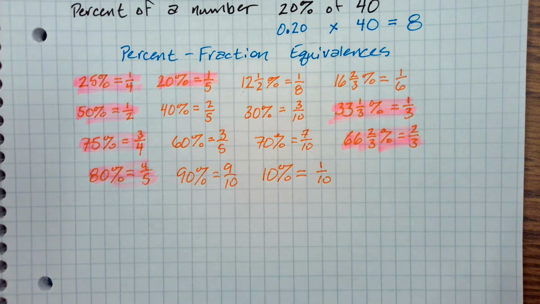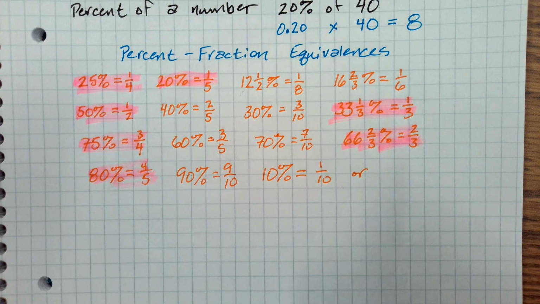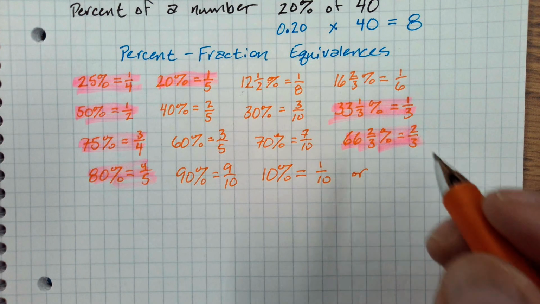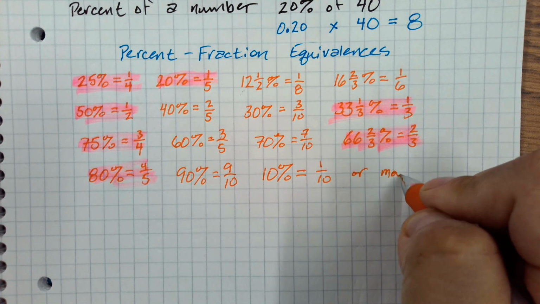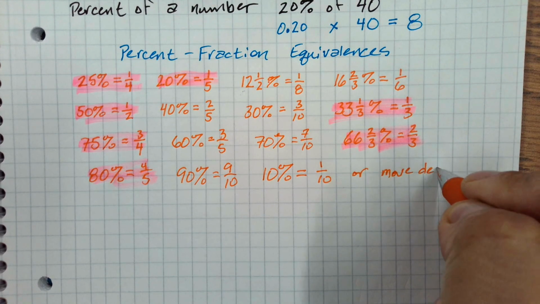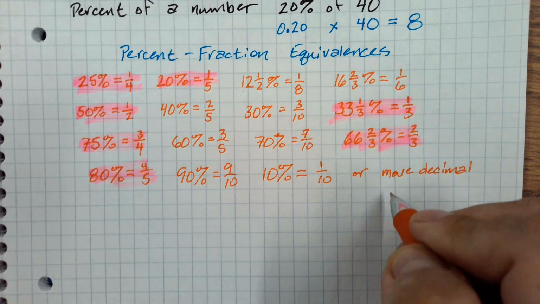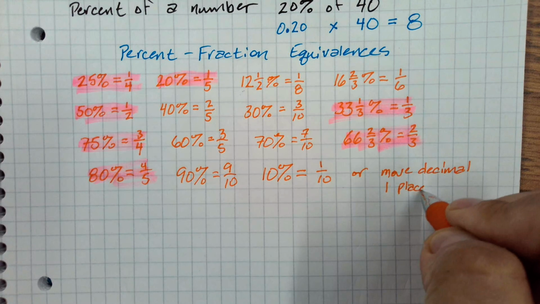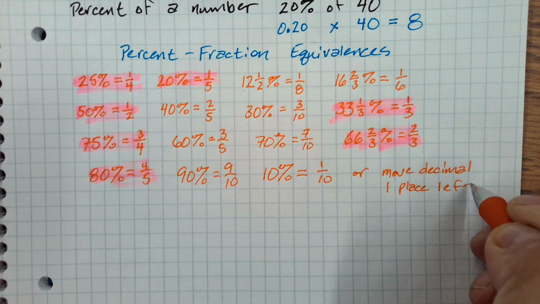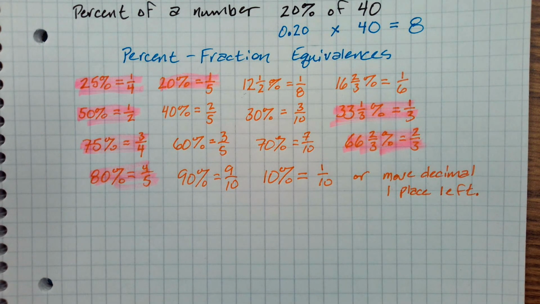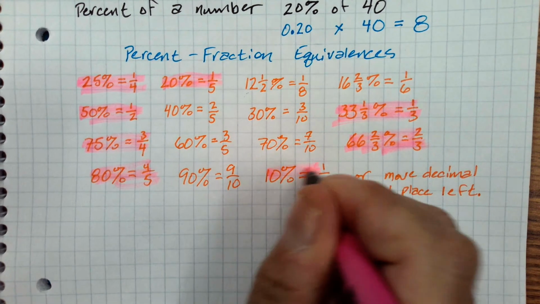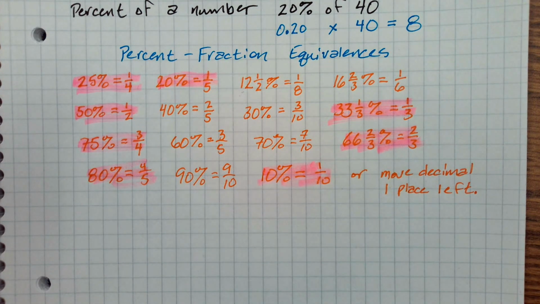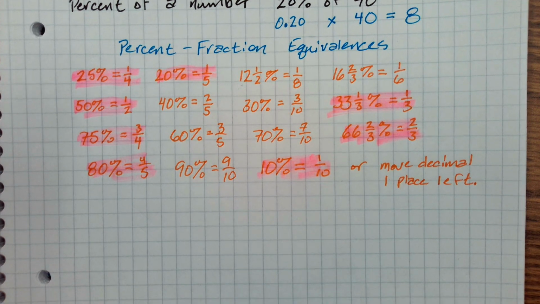That's 1/10, or move the decimal one place to the left. 0.10. Okay. So would it be 0.10? Yes.